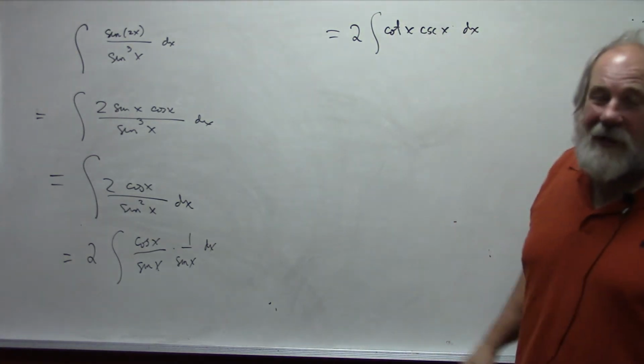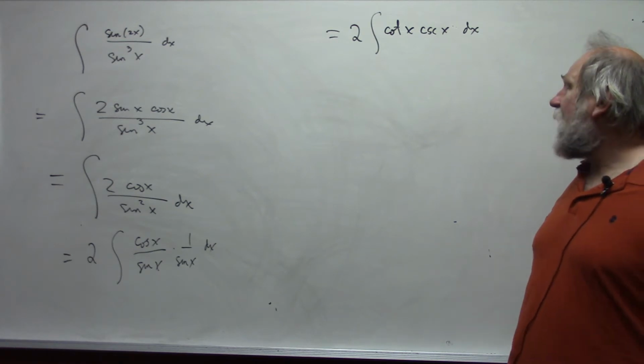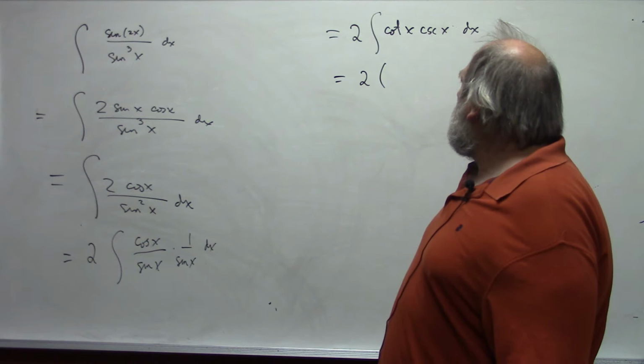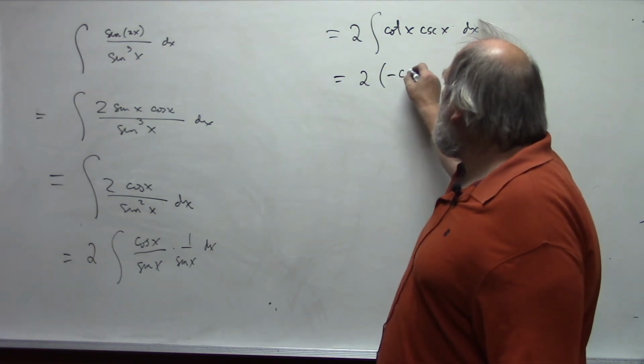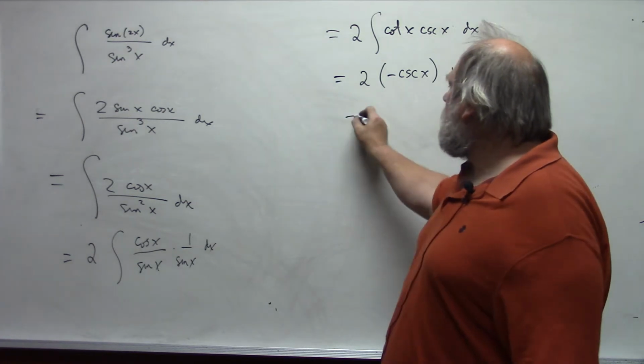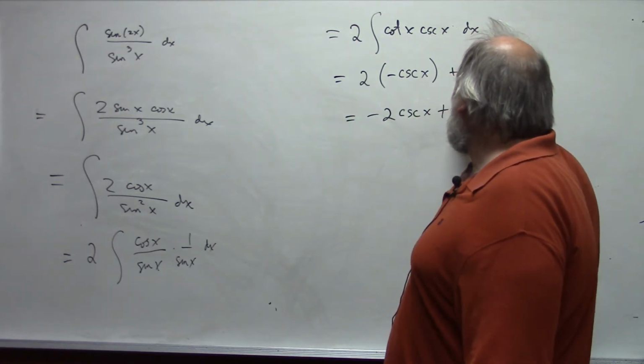Hopefully you recognize this is a basic derivative that we had. This is the derivative of the negative of cosecant of x. And so my final result, negative 2 cosecant of x plus c.